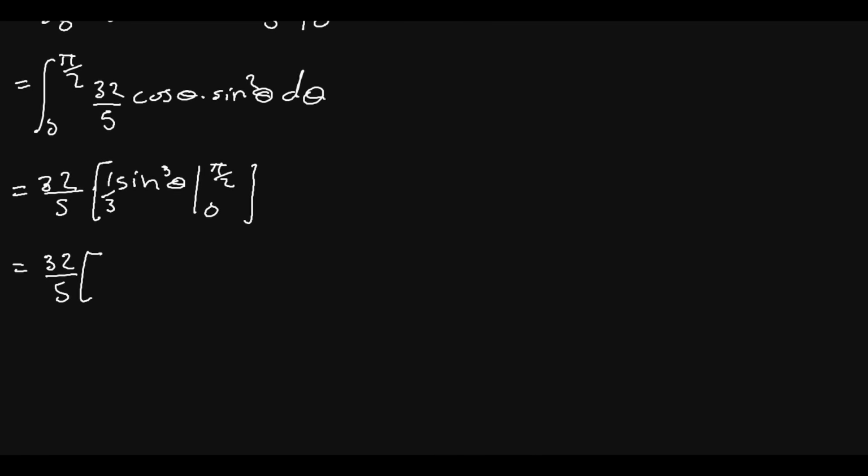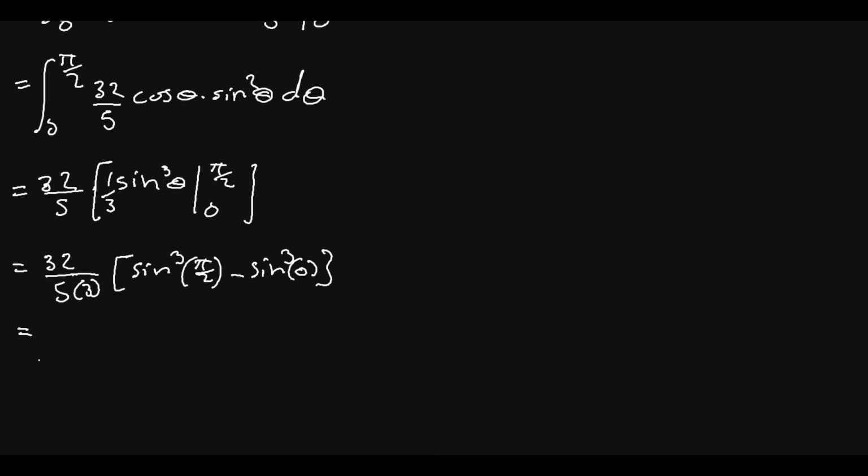Therefore we can apply the limits. Let me allow the 3 to come outside, it will be common. Therefore this will be sine cubed of pi over 2 minus 0.